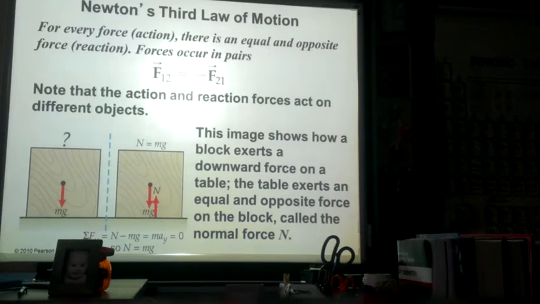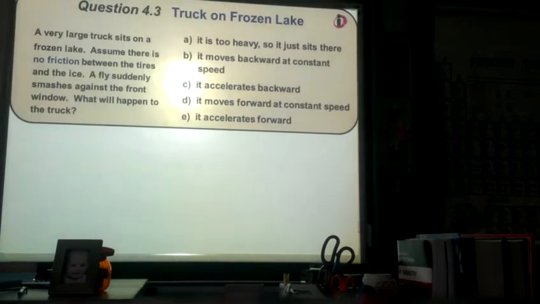So forces that occur in pairs are going to act on two totally different objects. So action-reaction forces act on different objects. That's a really big misconception with Newton's third law, that we believe that since the forces occur in pairs, they should be originating from the same object, but they don't. This is just a really simple example. The weight of the block is the action force, and the reaction force would be the table pushing back up as the normal force on the block, okay?